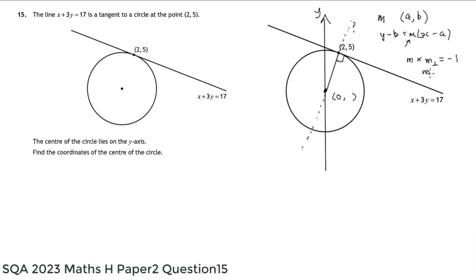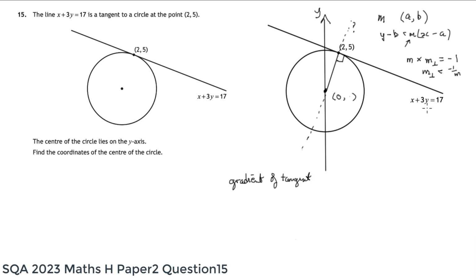In other words, to find the perpendicular gradient, let's divide both sides by m. We turn m upside down, invert it, and change the sign. So let's try to find, first of all, the gradient of the tangent.